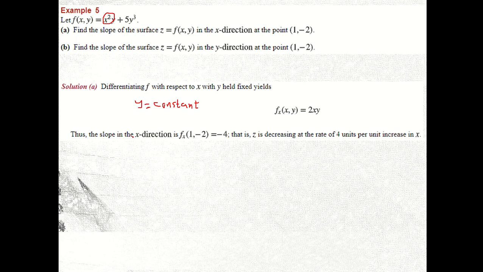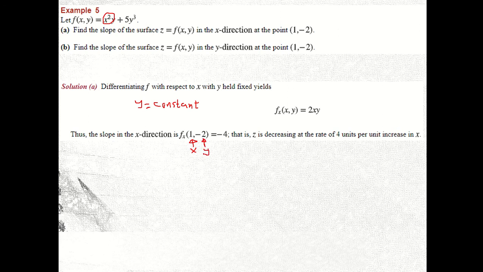Thus, for the slope in the x direction, we're going to substitute the given point. The first number represents our x sub 0, or x, and the second is our y sub 0, or y.